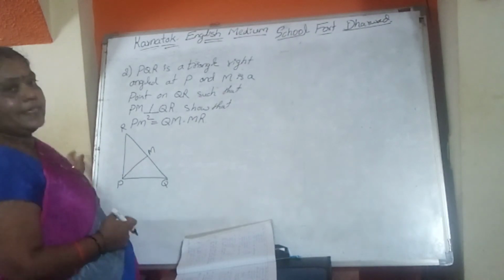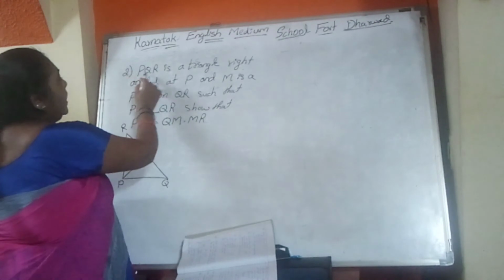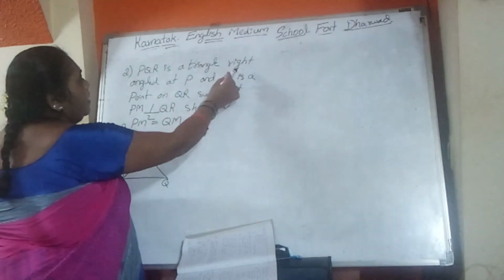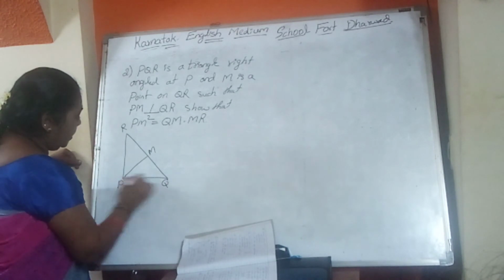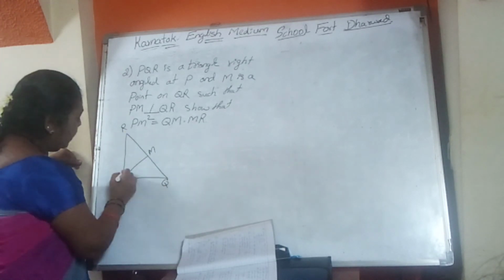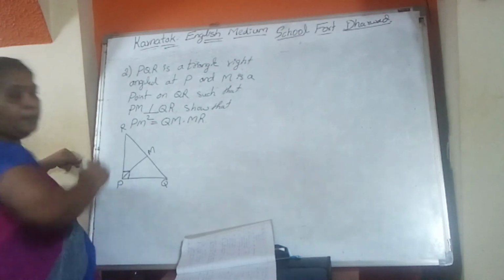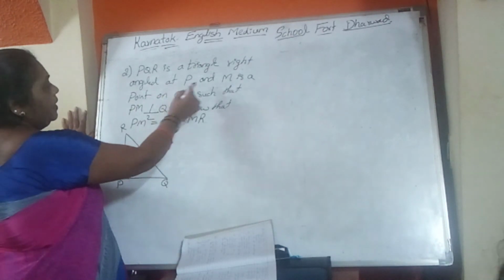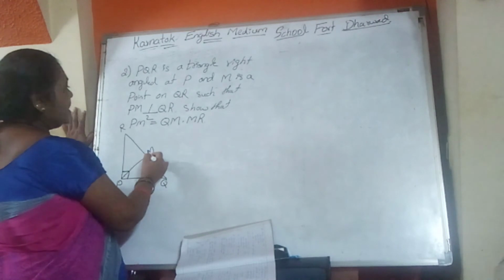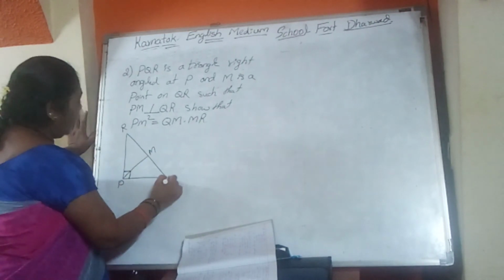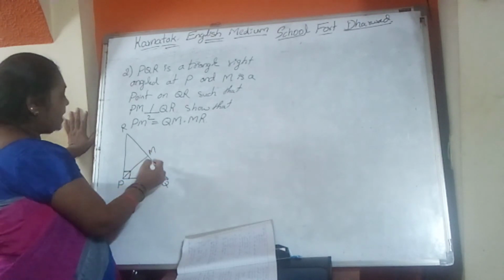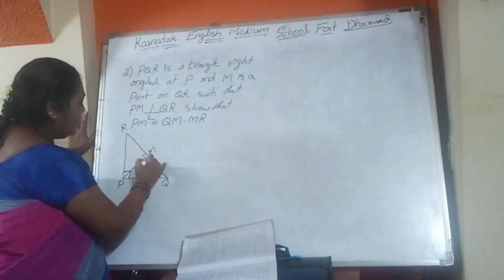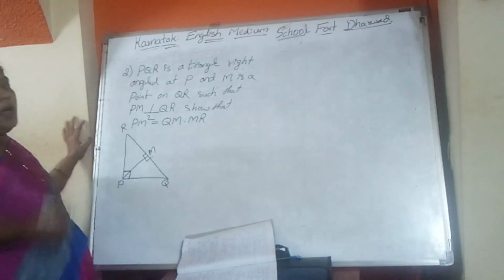So, second example. PQR is a right angle triangle, right angled at P. And M is a point on QR such that PM is perpendicular to QR.